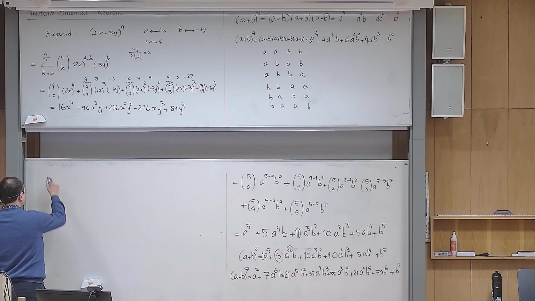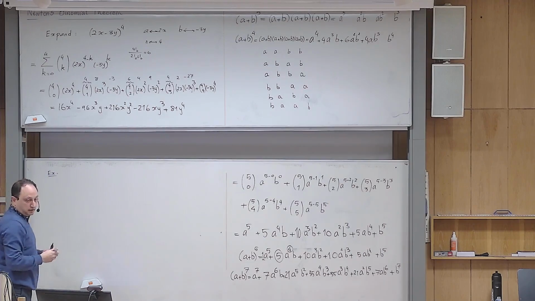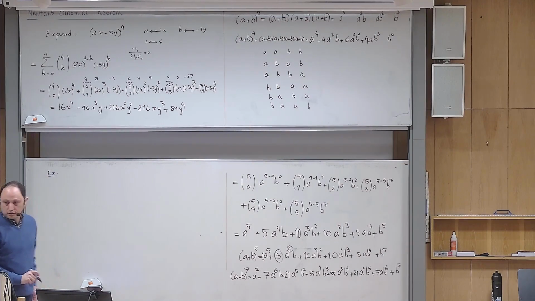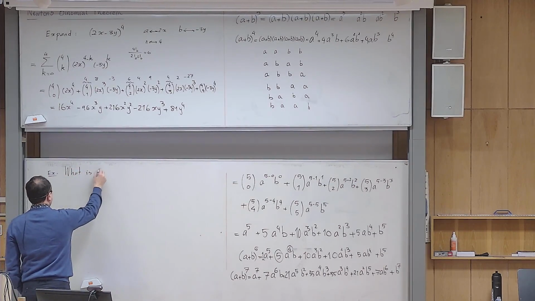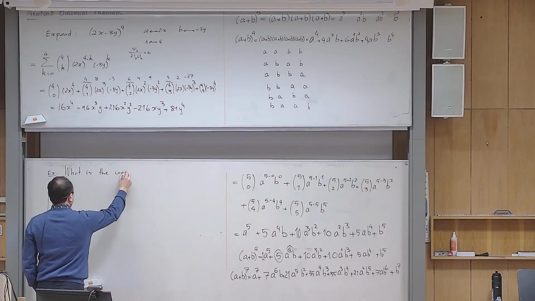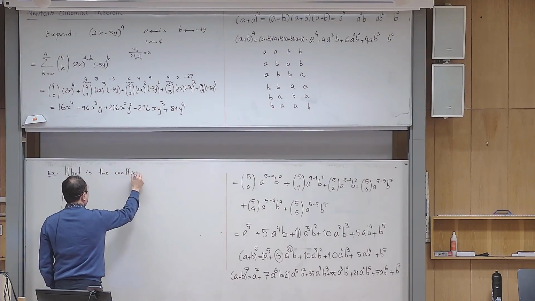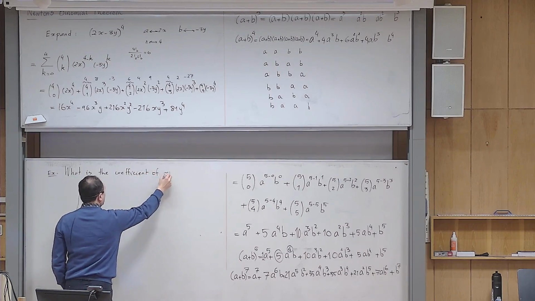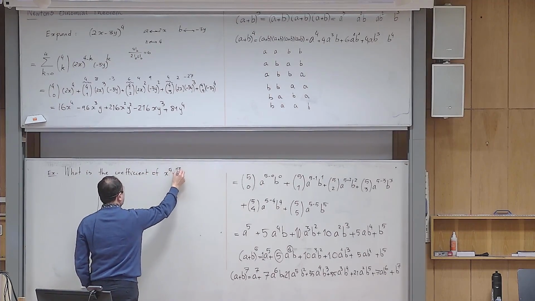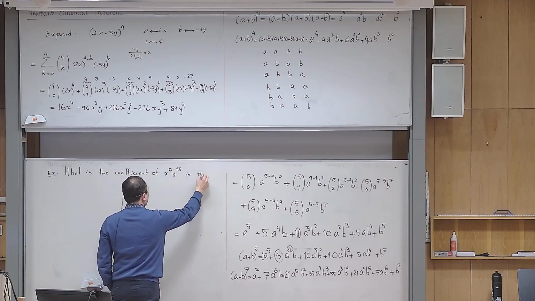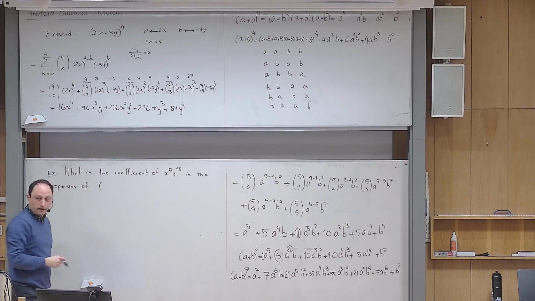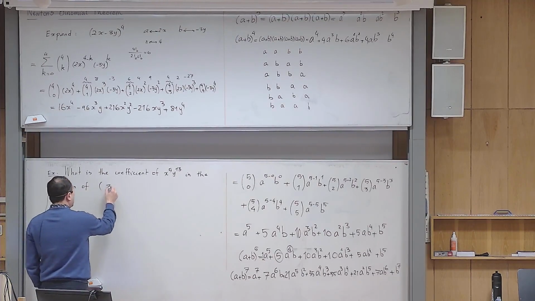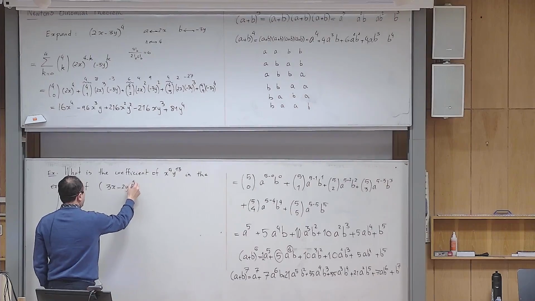So example, what is the coefficient of x to the power of 5, y to the power of 13 in the expansion of 3x minus 2y to the power of 18.